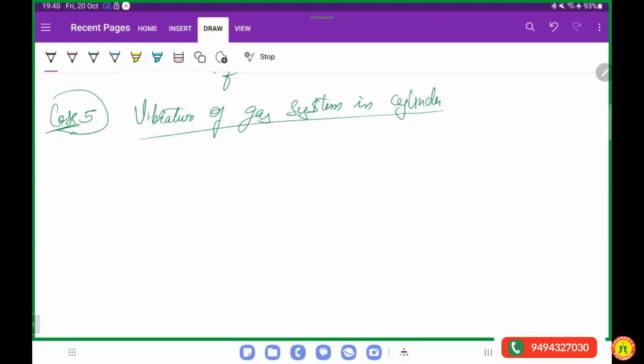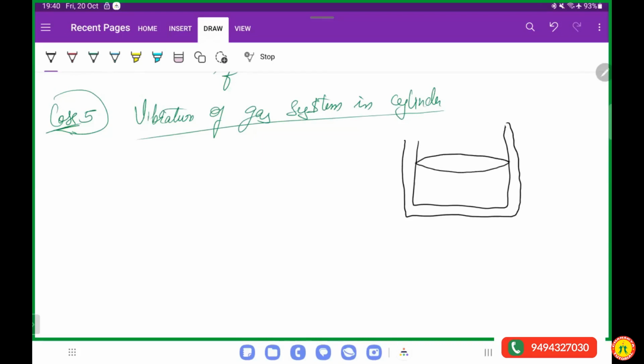Here we will consider the piston frictionless, because as we know, our discussion subject is oscillation, so we'll not see friction.